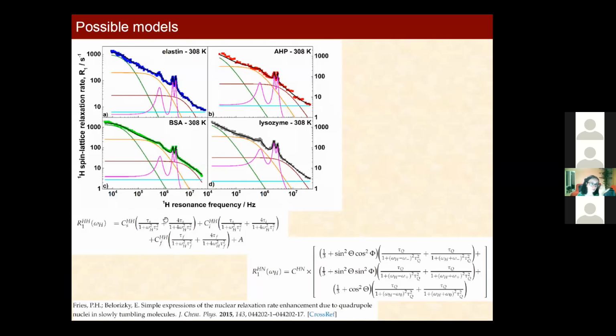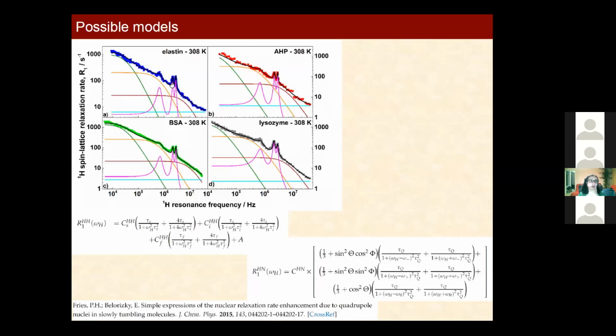And because one can expect that the correlation times will be different, one can call the correlation times slow, intermediate, and fast, because there are 3 of them. Okay. So if you apply this approach, you will get three contributions. This green one is associated with the slow process. This orange one is the intermediate one. This one is the fast one, plus you have the constant.